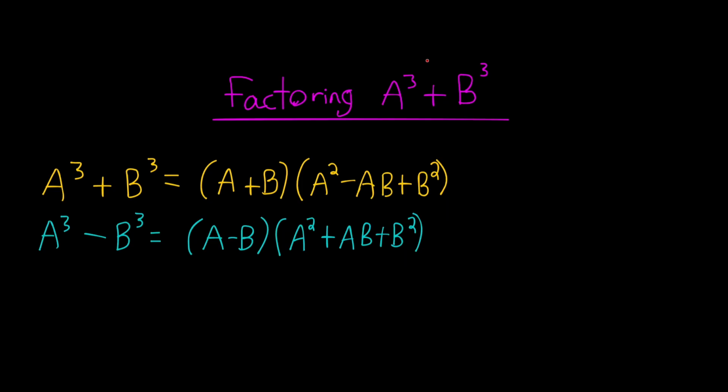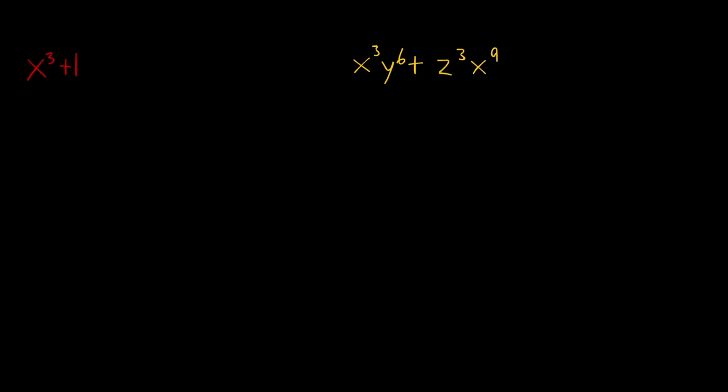So let's get into some problem solving. Okay, so we're going to start off with the following two examples. Let's take the one on the left to start. In solving these types of factoring problems, the first thing is to ask what a and b are. So you might remember that if we have a cubed plus b cubed, our expression is valid. In this case, we could say that a cubed is equal to x cubed.